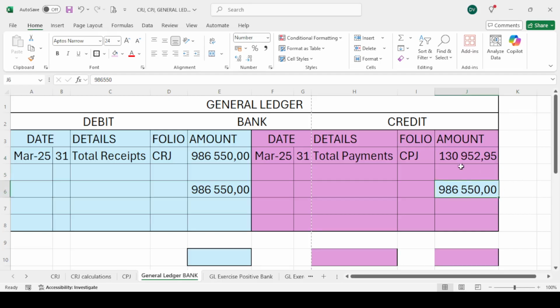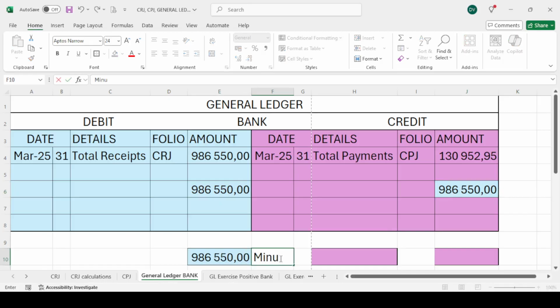So we have to work out the amount that we need to insert in this open space to make it true. How do we do that? We take the total that we've just copied to the credit side. We minus our value that we received from our CPJ.